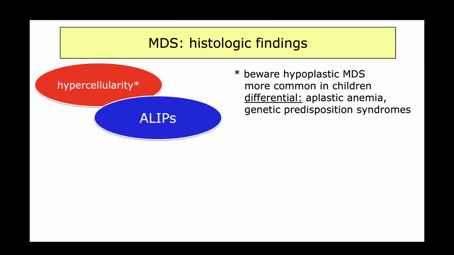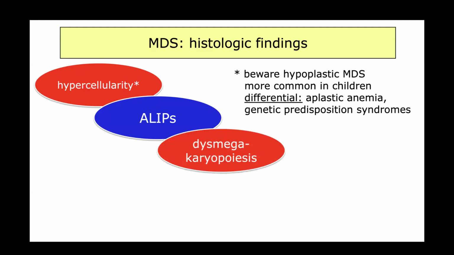ALIPS, or abnormal localization of immature precursors, where immature cells, promyelocytes, etc., which normally would abut upon bony trabeculae, are now localized within the more interstitial regions far away from the bone marrow trabeculae, is another histologic feature of MDS.